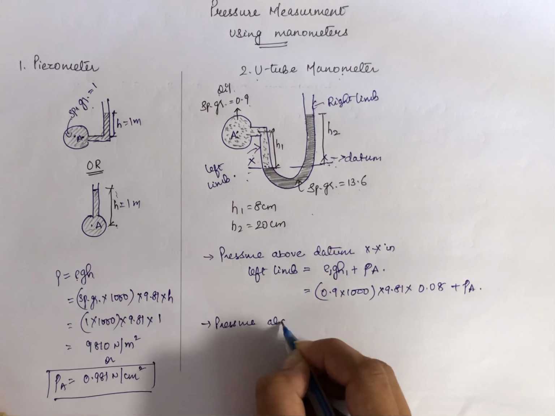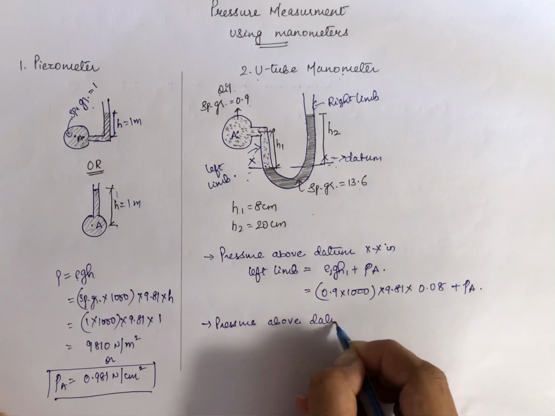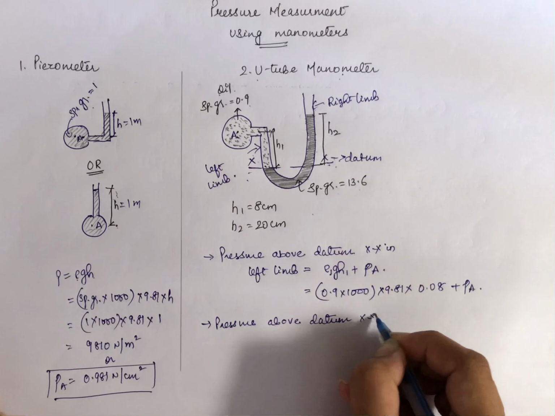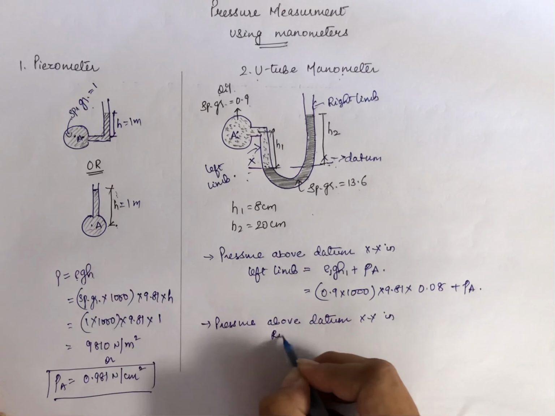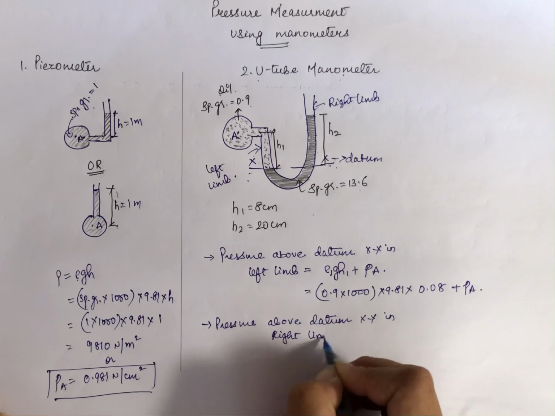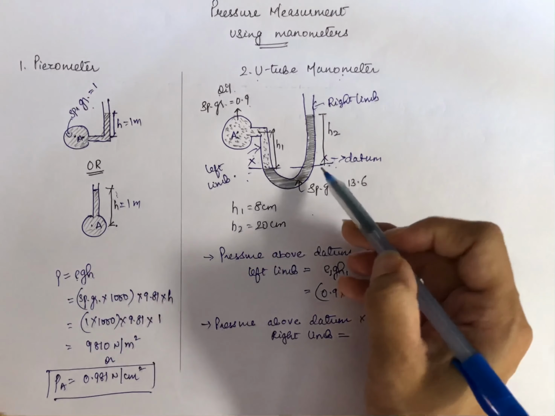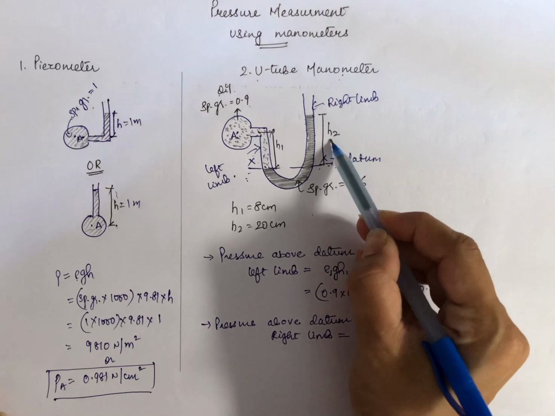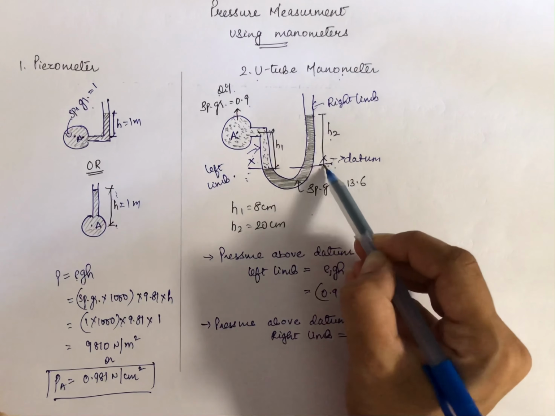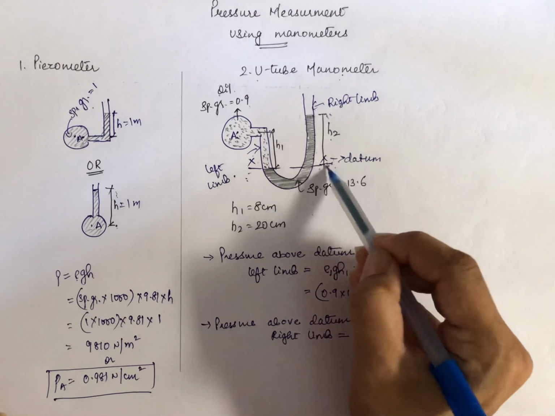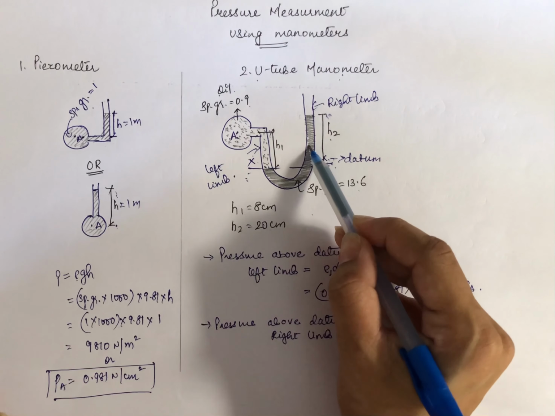Similarly, the pressure above datum XX in the right limb will be as follows. Above the datum XX in the right limb of the U-tube manometer there is again only one fluid up to height H2, which is mercury.